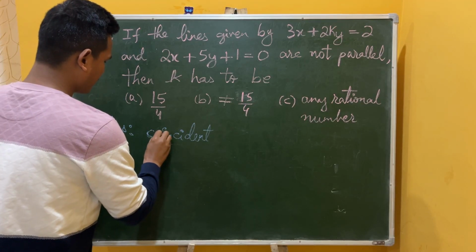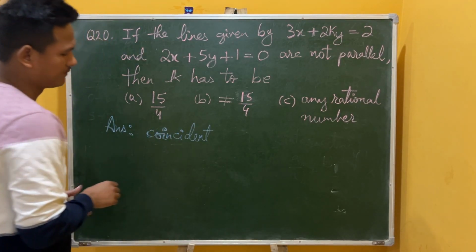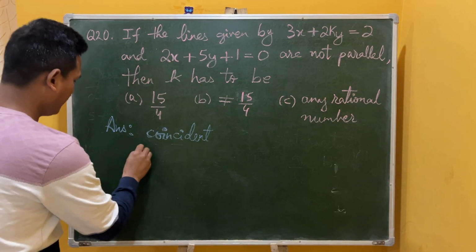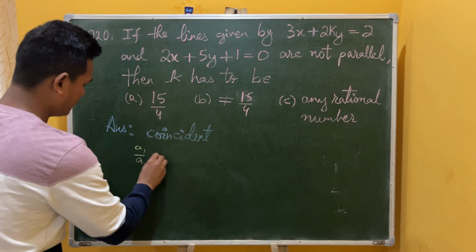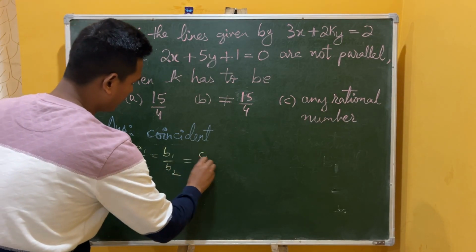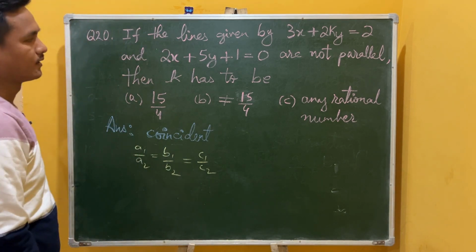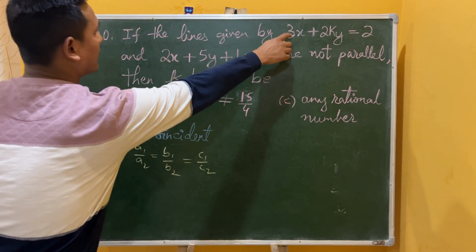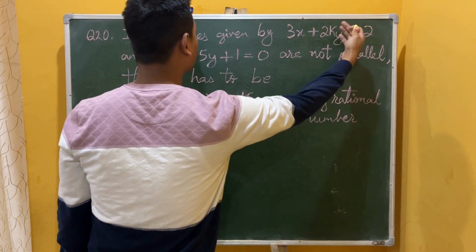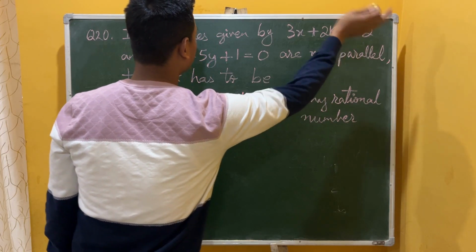When will they coincide? Meaning when the lines are going to be on top of each other, when a1 upon a2 equals b1 upon b2 equals c1 upon c2. Let's say this is A1, B1, and if you bring 2 to the left side, it is minus 2, that is C1.